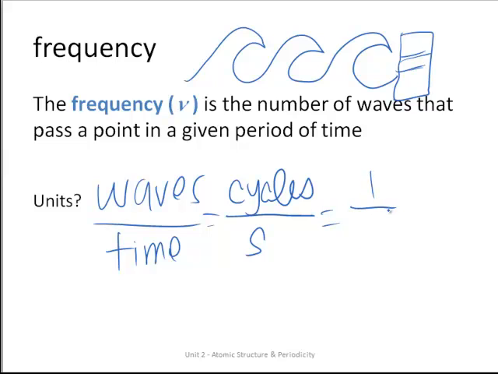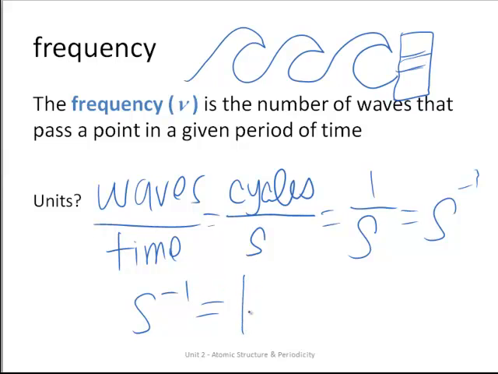So oftentimes units for frequency will just be 1 over seconds, or reciprocal seconds. And reciprocal seconds is primarily what we're going to use in this course, but we'll also see that it can be listed as hertz. Hertz is a unit that's fashioned after reciprocal seconds, and that's, of course, the abbreviation for hertz.